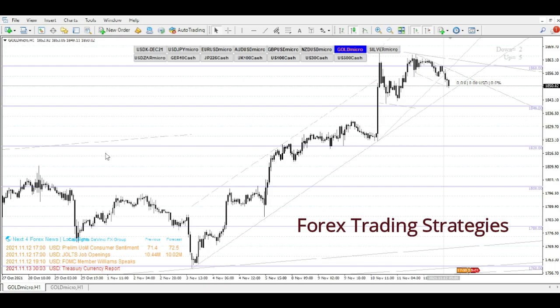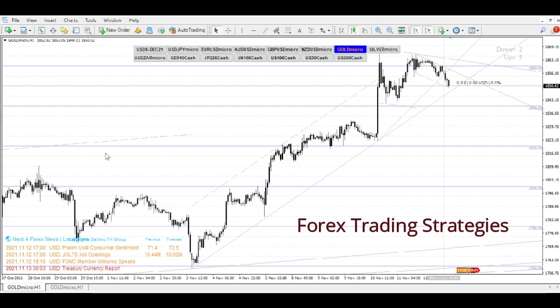Okay, the next point is understand how much you are risking, related to the first point about knowing your risk to reward. Understand, for example, you have $1,000 in your account. You need to determine how much you are going to bet for any trade.